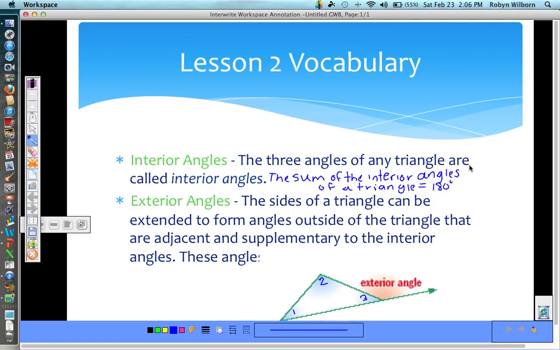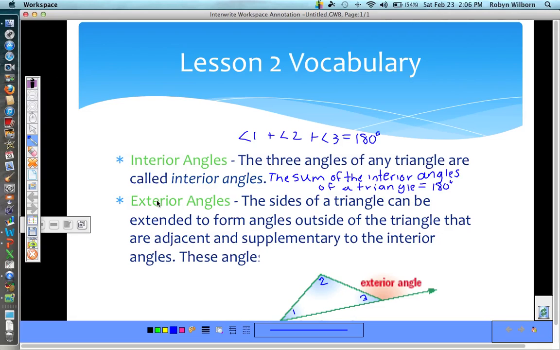Essentially, I could write a simple equation that would represent this. You should write it on your paper. I'm going to say angle 1 plus angle 2 plus angle 3, since that's how I've named them, equals 180 degrees.